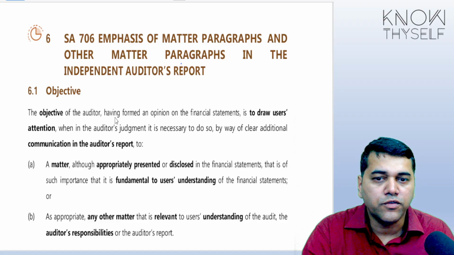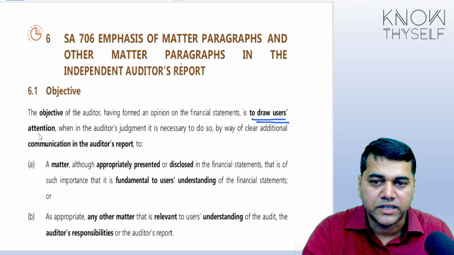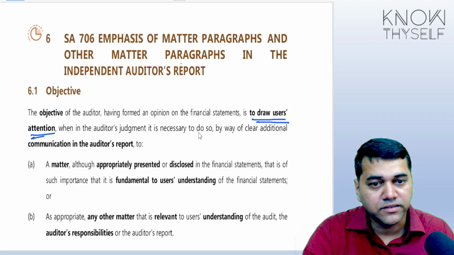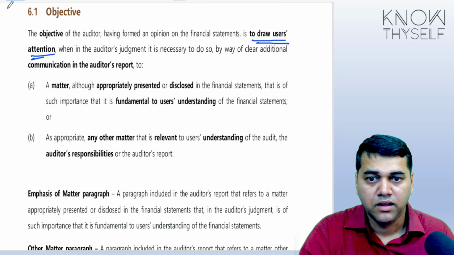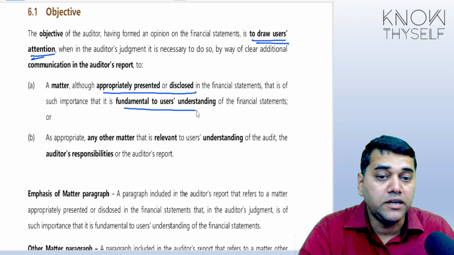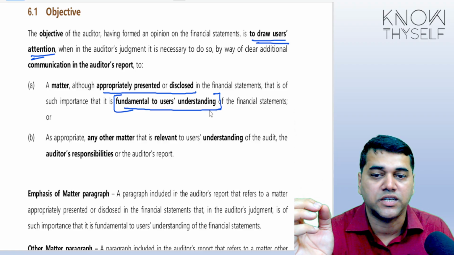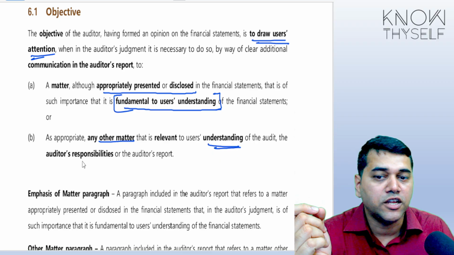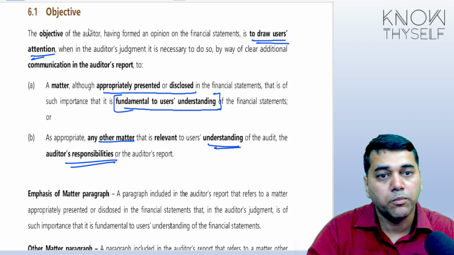The objective of the auditor, having formed an opinion, is to draw to the user's attention, when in the auditor's judgment it is necessary, certain matters which are appropriately presented and disclosed, which is fundamental to the user's understanding. Remember this keyword called fundamental to the user's understanding, or any other matter relevant to the understanding of the auditor's responsibility.